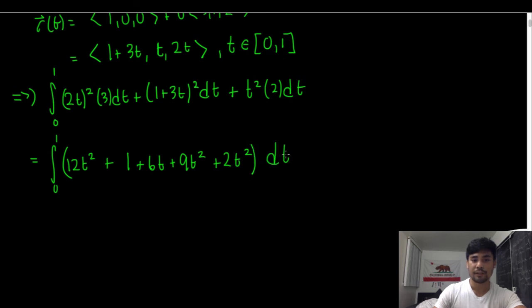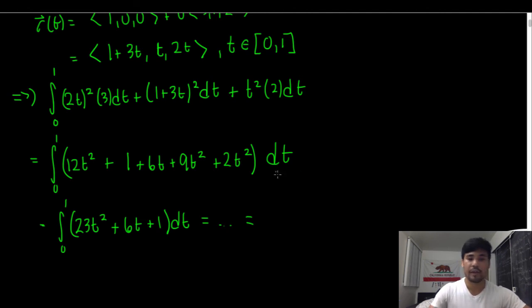Factoring out the dt's, I'll go ahead and combine like terms. So 12 plus 9 is 21, plus 2 is 23t squared. Is that right? Yes, 23t squared plus 6t plus 1 with respect to t. Oh, that should be a dt. And this is pretty simple from here. This is just calculus 1, and you should get 35 over 3.